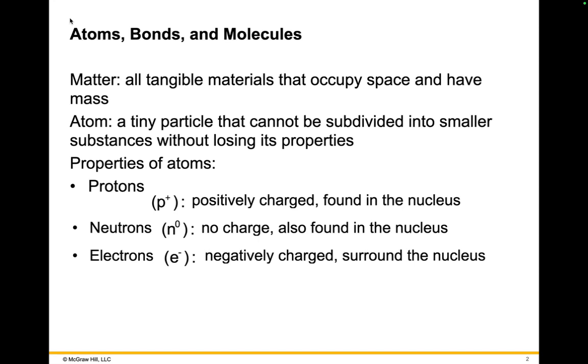Let's talk about those subatomic particles. Protons, shown with a symbol with a P with a positive, because they are positively charged, and these are found in the nucleus of the atom, kind of the central portion of the atom. Along with the protons in the nucleus are the neutrons, which don't have a charge, so they are shown with an N to the 0 symbol.